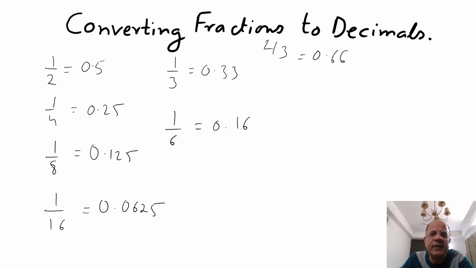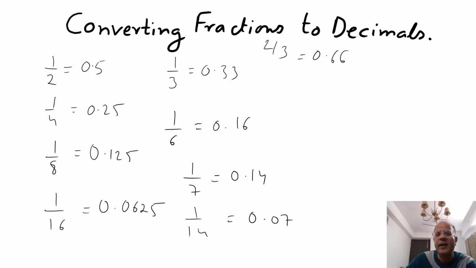And then we are concerned about 1 by 7. That was what we were using in the previous question. It is going to be approximately 0.14. 1 by 14 is going to be half of it, so that should be 0.07. Okay. And now coming to 1 by 9, what is 1 by 9? It is 0.11.